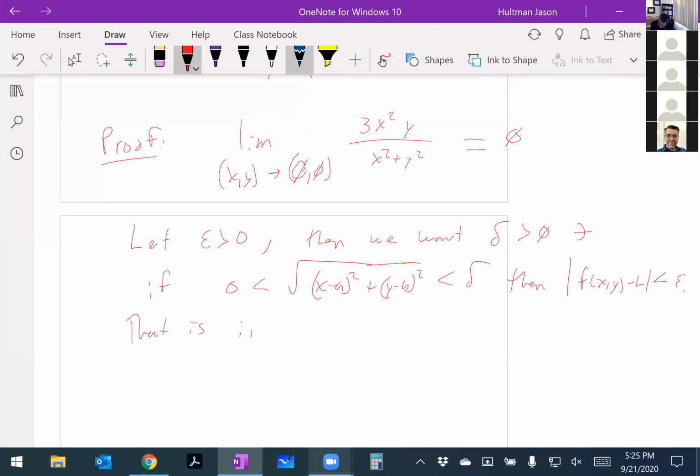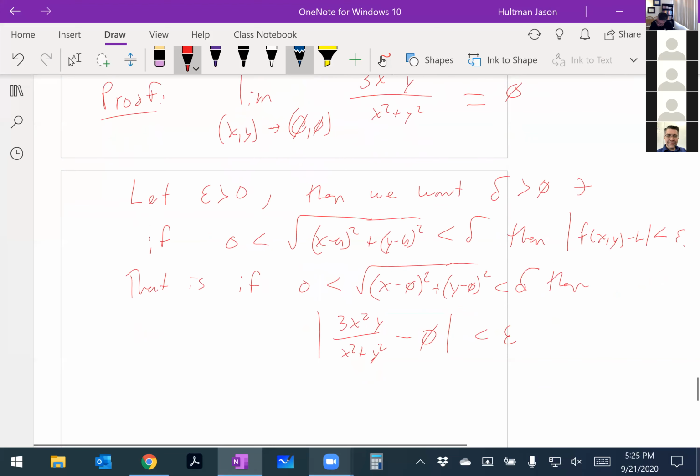That is, if 0 is less than the square root of (x minus 0) squared, okay, this thing's going to 0, that's what a and b are here, going to (0, 0), plus (y minus 0) squared is less than delta, then the absolute value of 3x squared y over x squared plus y squared minus 0 is less than epsilon. Oh, okay. That's good.